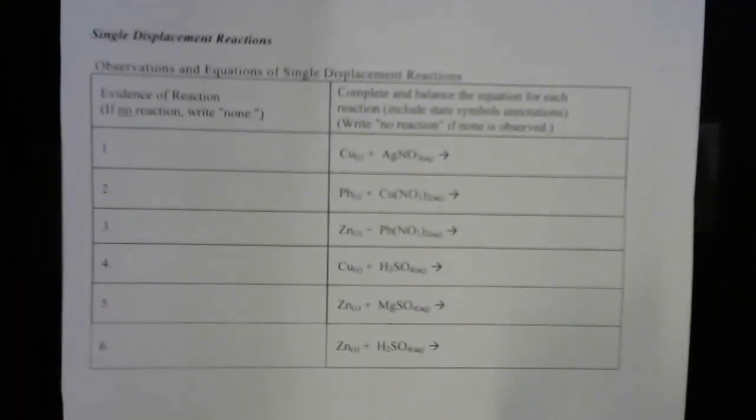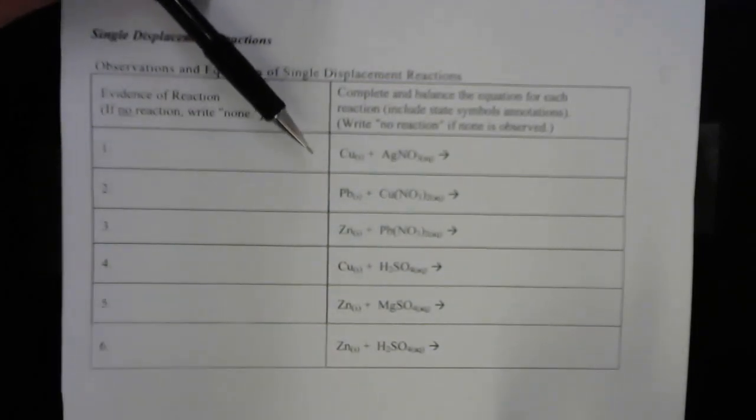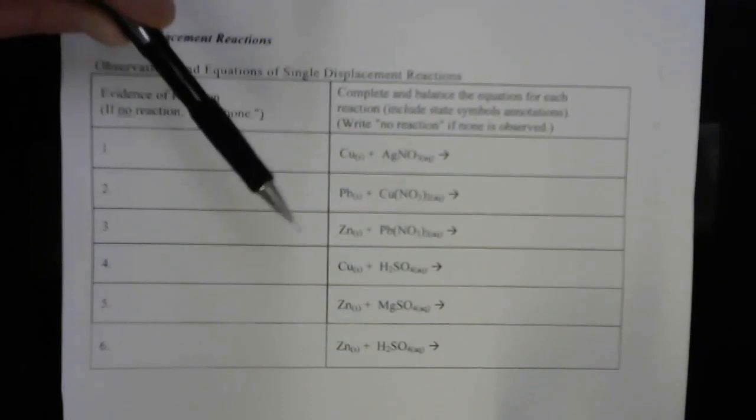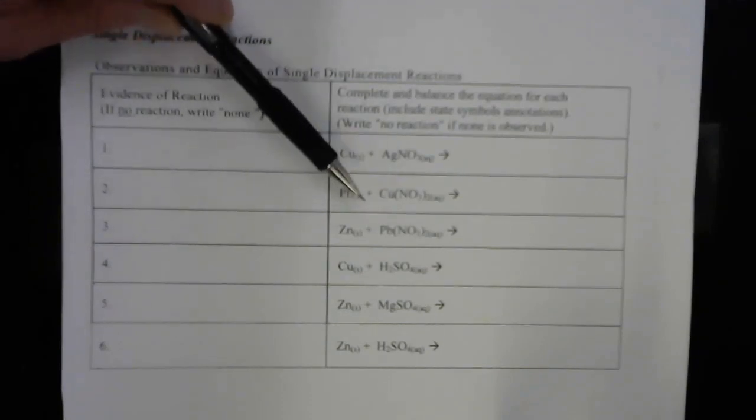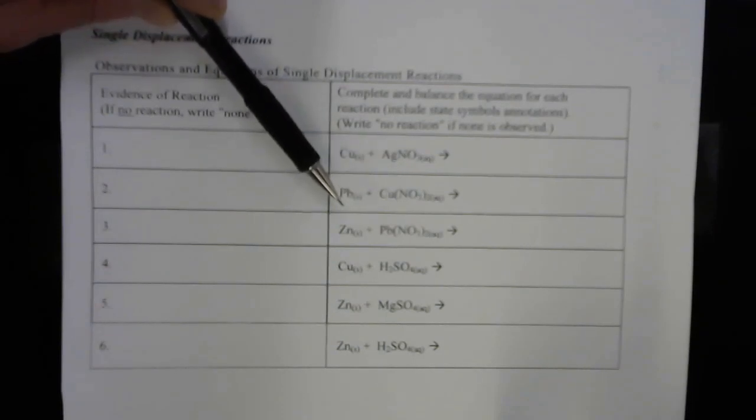When we mixed the copper with silver nitrate, we got growth of silver crystals all over the surface of the copper. When we mixed the lead with copper nitrate, we got a black precipitate forming on the surface of the shined up lead.